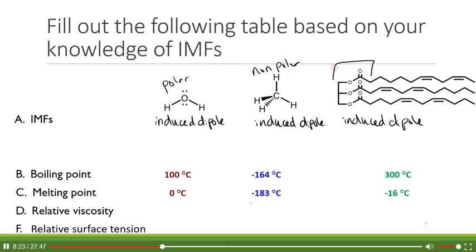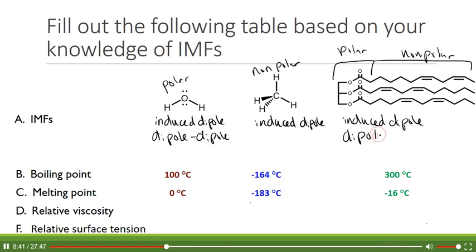This substance has regions of polar and nonpolar. The polar substances will do dipole-dipole, and this one has an oxygen-hydrogen bond, so it can also do hydrogen bonding.